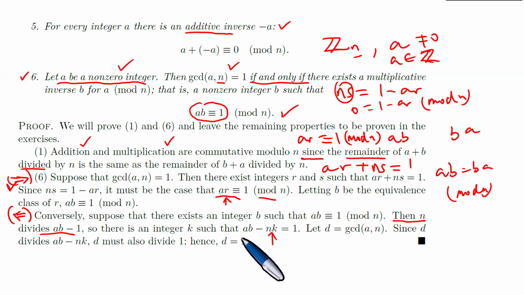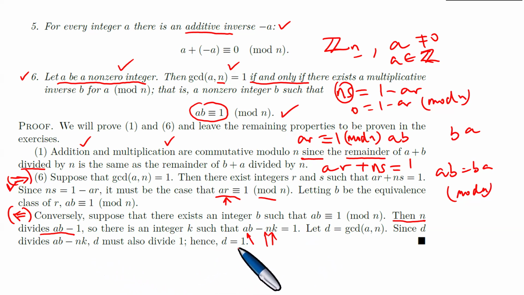Let the greatest common divisor of A and N be D, like a divisor. Since D must divide AB minus nk, D must also divide 1, because they're equal to each other.